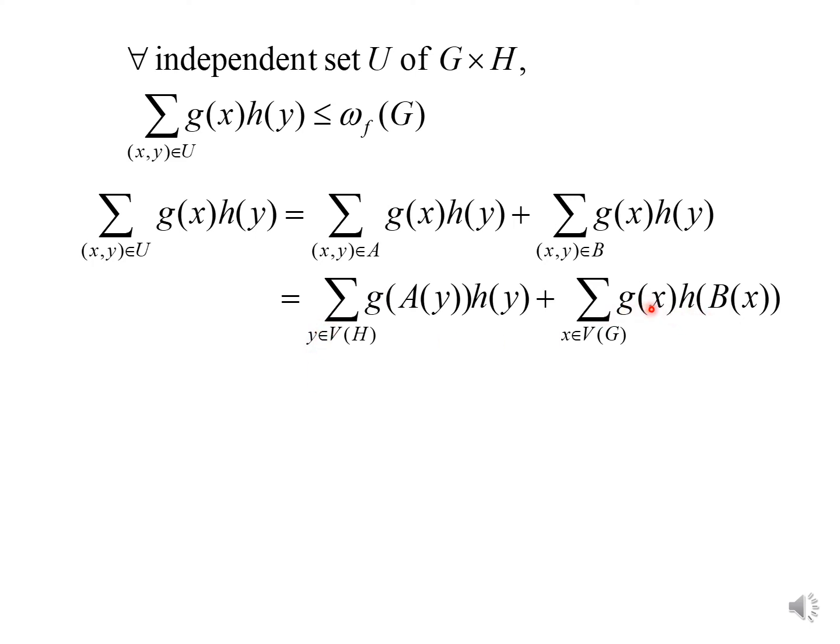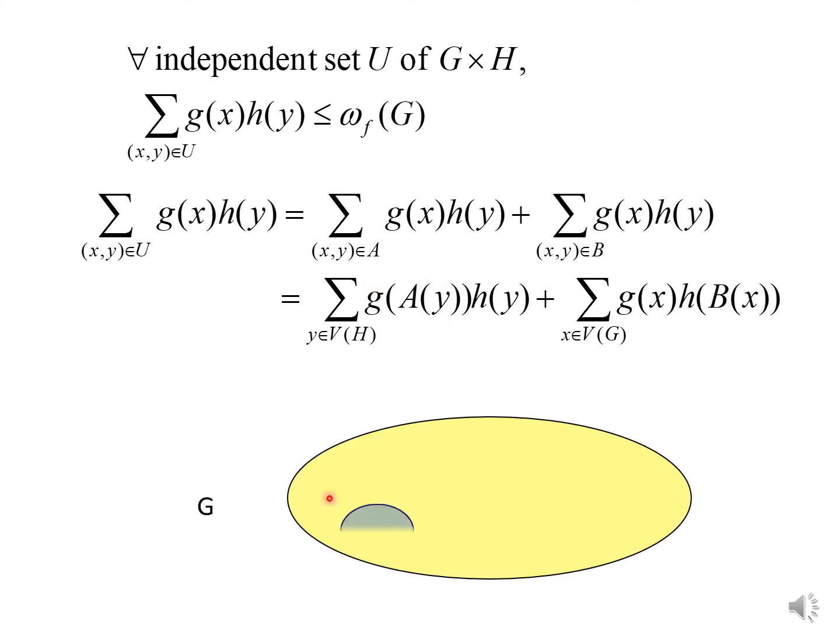Similarly, I first fix x and sum along these y's, I get this, and then sum along these vertices x. Now I'm going to estimate this value. What is this? So this is G and this is G.